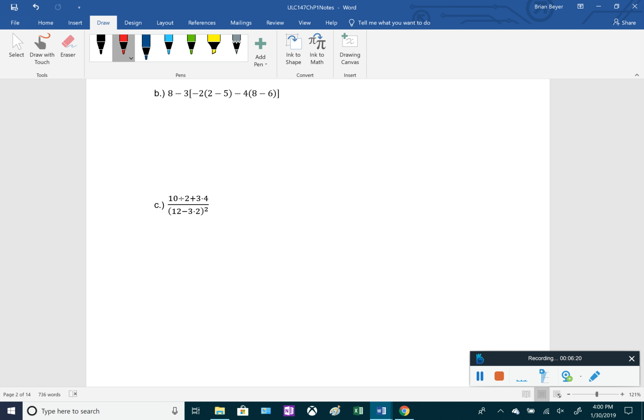So that means we have to evaluate this set first and this set first. So it's going to be 8 minus 3 times negative 2. 2 minus 5 is going to be negative 3, minus 4 times 8 minus 6 is 2. So now we're going to evaluate what's inside the bracket.